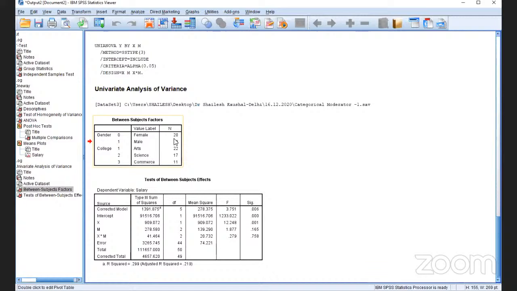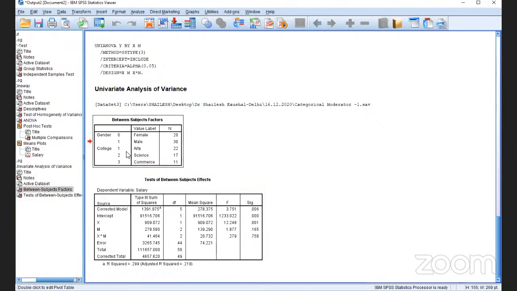In the independent t-test, we checked whether the salary of male and female is significant or not. Through the independent t-test, we found there is a significant difference between the salary of male and female teachers. So this is the independent variable x. Now what is the p value? It is significant.